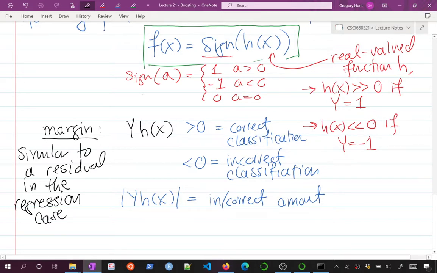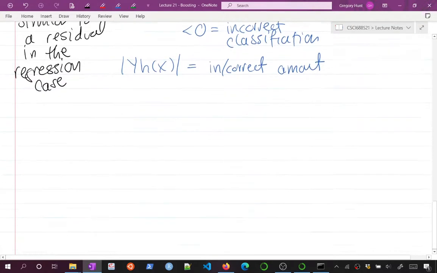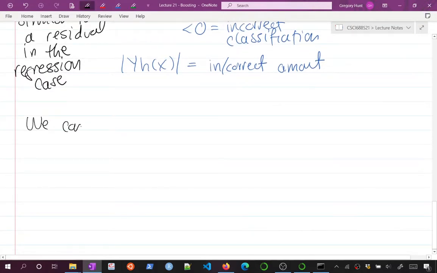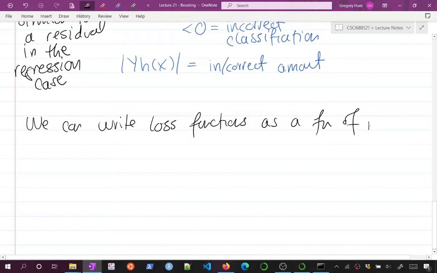But now, is the margin really positive? That's great. Or really negative? Ooh, we're not doing well there. And we can write the loss functions as a function of our margin.